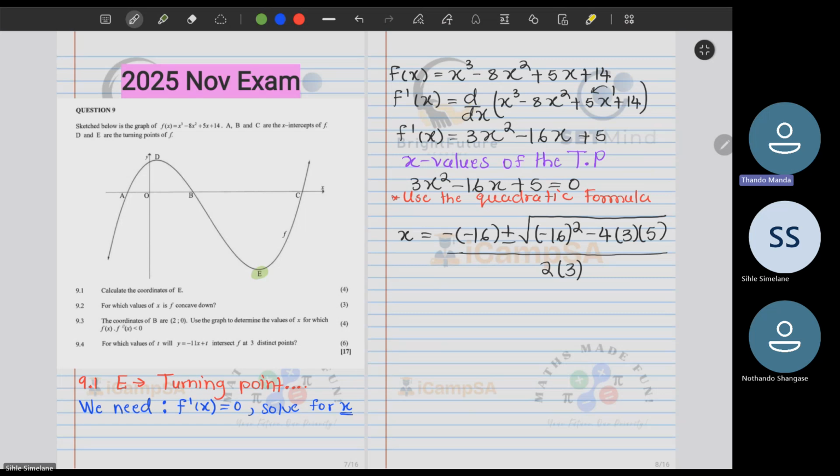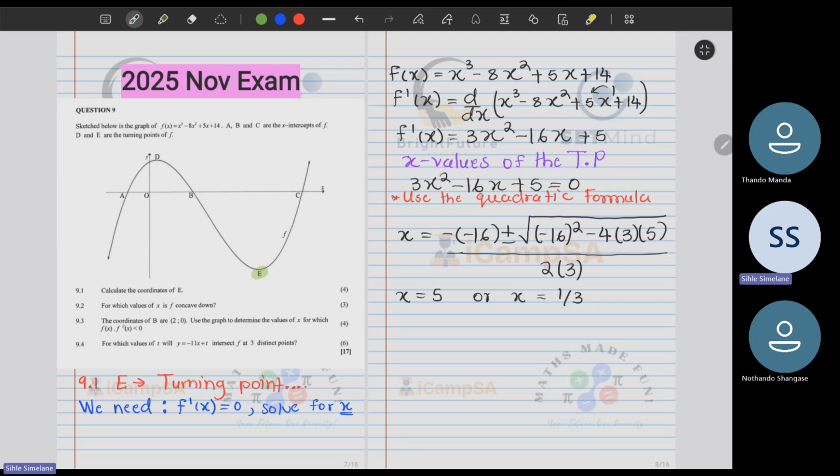So x is equal to 5. x equals 5 and what? Other one. 1/3. So x equals 5 or x equals 1/3. Okay, thanks for that. So carry on then.